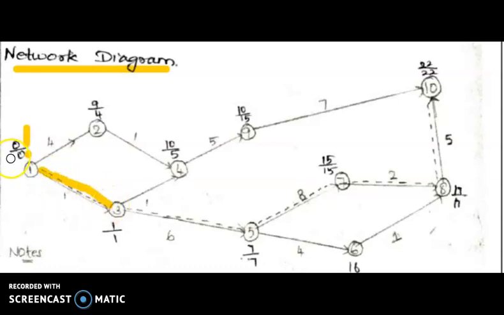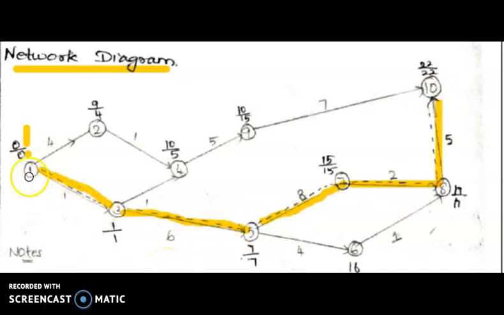Here the same: 0 by 0, and 1 by 1, and 7 by 7, and 15 by 15, and 17 by 17, and 22 by 22. This is the same value appearing in EST and LST. The same value appears, so this is a critical path method.